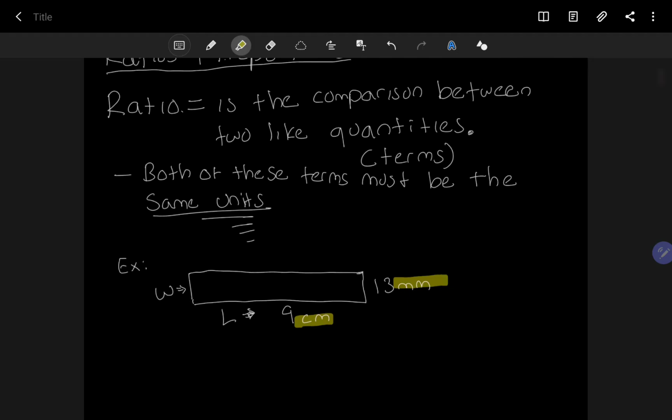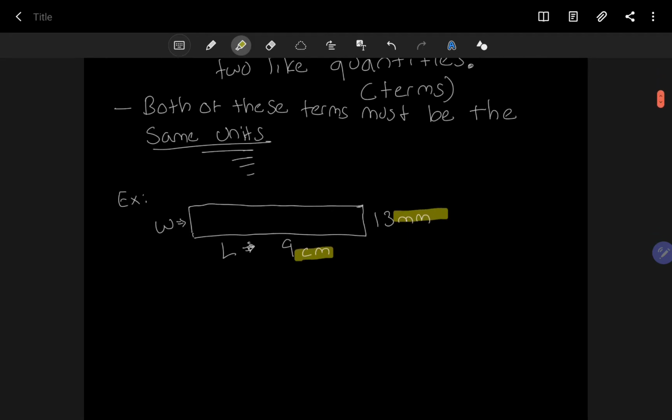So, in order for me to be able to compare this, I need to make sure that they're the same unit. So this is where we have to remember: 1 centimeter is equal to how many millimeters? 10 millimeters.